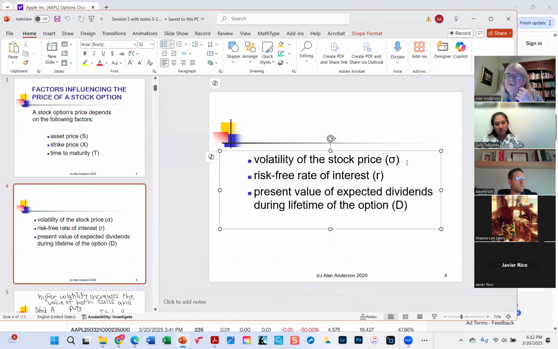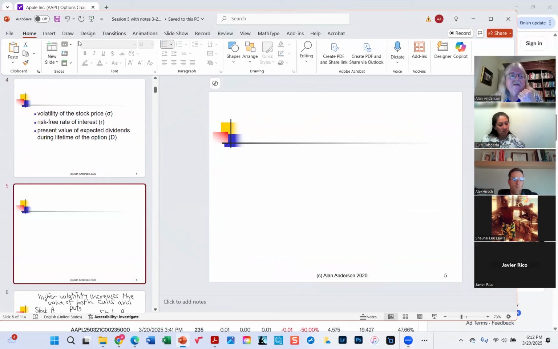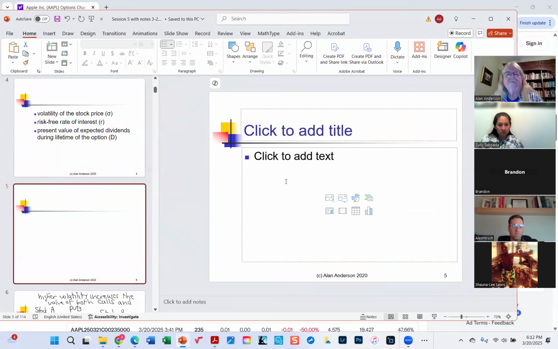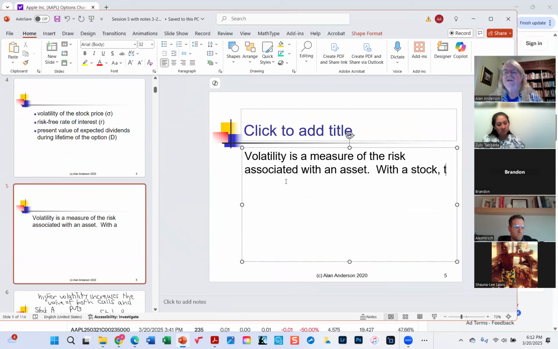Volatility is a statistical measure, and it is a measure of the risk associated with an asset. Specifically with stocks, volatility is calculated as the standard deviation of its returns over time.